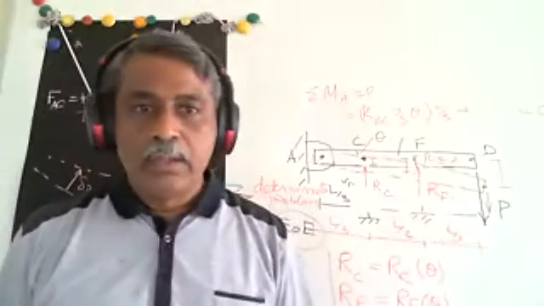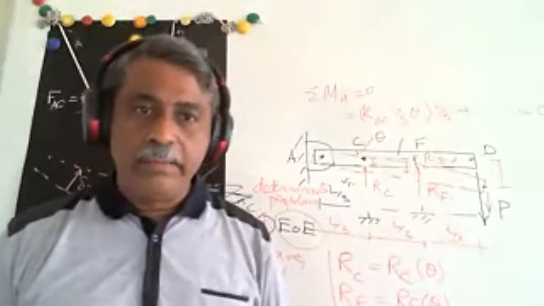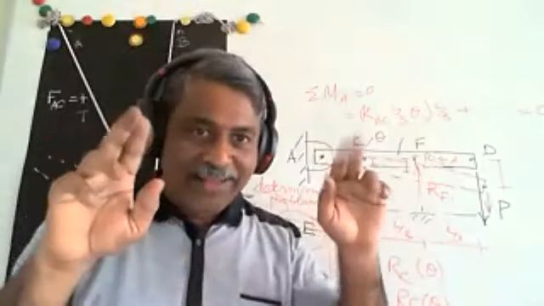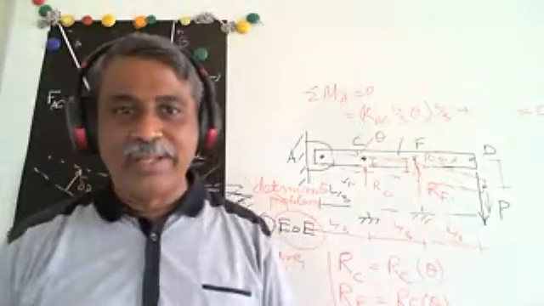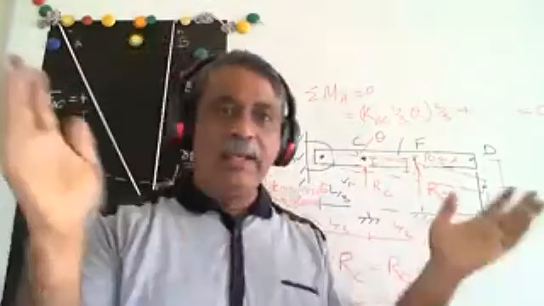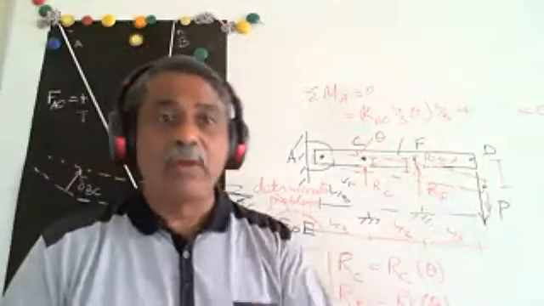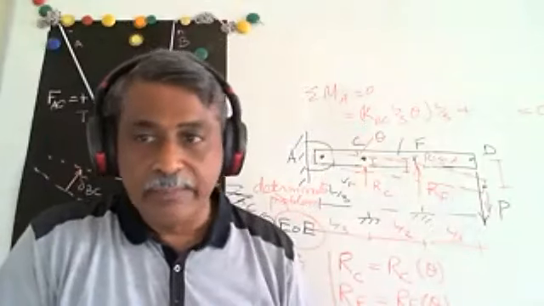Once I say nonlinear, it can be inelastic, it can be plastic, as some of you want to say, or it can be nonlinear elastic springs. So I can solve those problems also in a simple way.